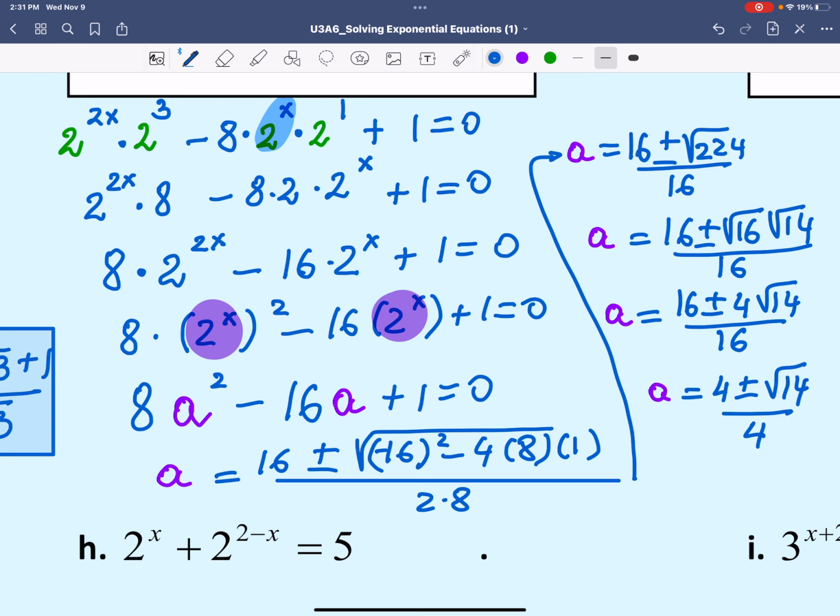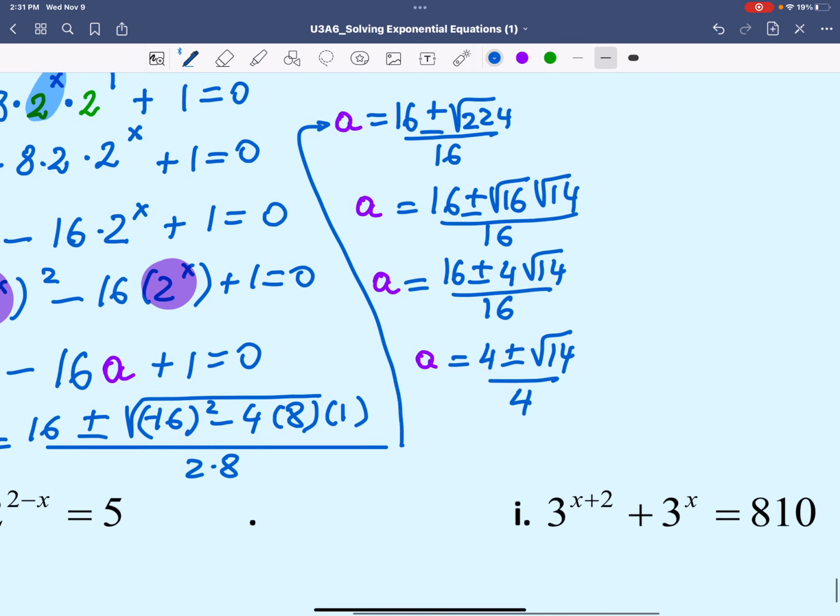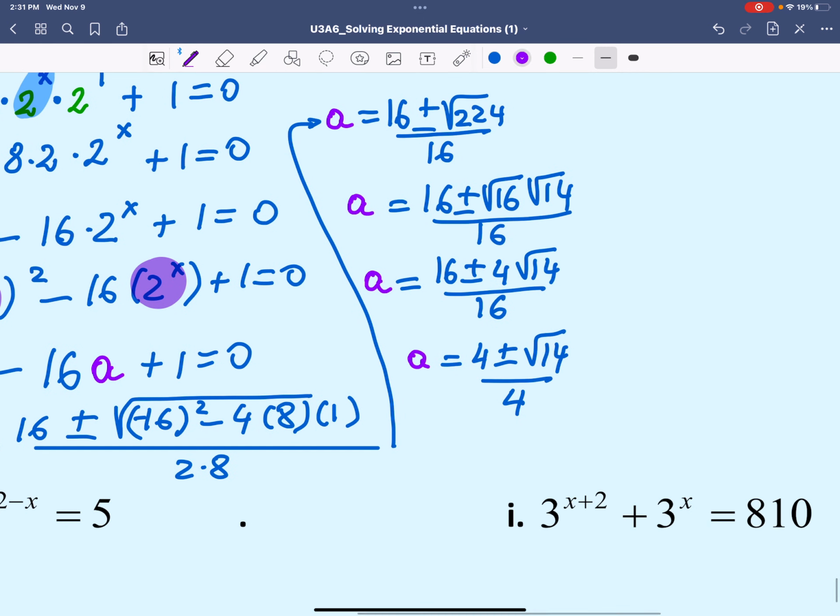A lot of 4's in here. So what we have figured out so far is that we have two a values in this case. One would be 4 plus root 14 over 4, and the other is 4 minus root 14 over 4.